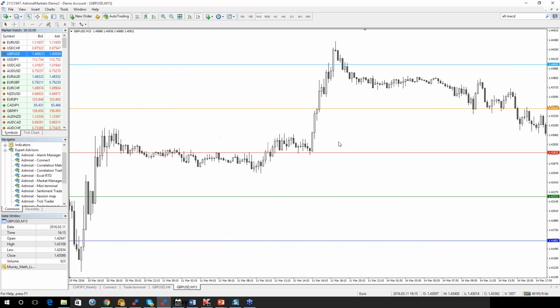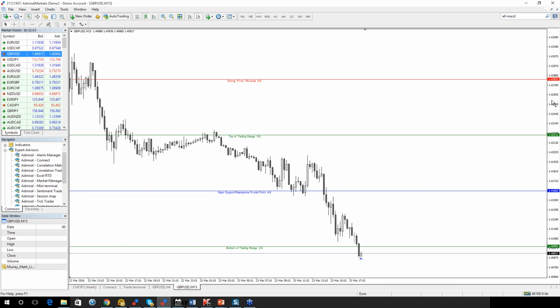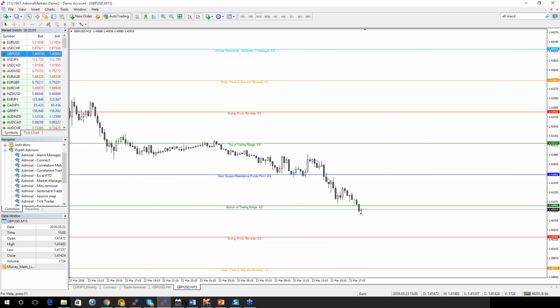On Murrey Math, we also had 1.4160 as an important zone. So it looks like both Camarilla and Murrey Math were in agreement that 1.4160 was indeed a strong zone. And you can see it here. We had 3 rejections here. See? 3 rejections.